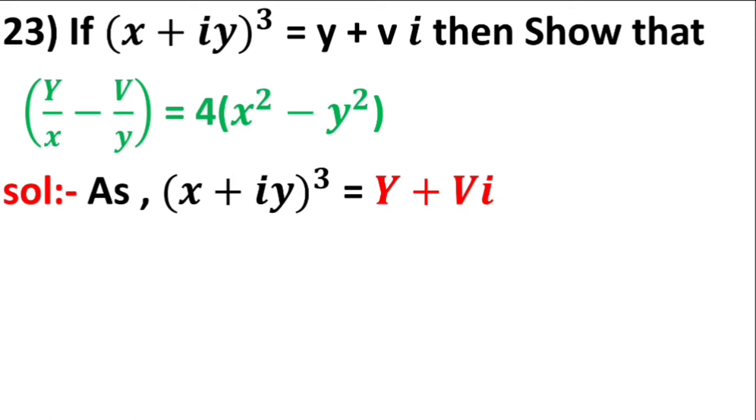Expand this. Now see, you have to observe here, your RHS is a proper complex number, proper complex form. Just expand LHS by using (a plus b) the whole cube.